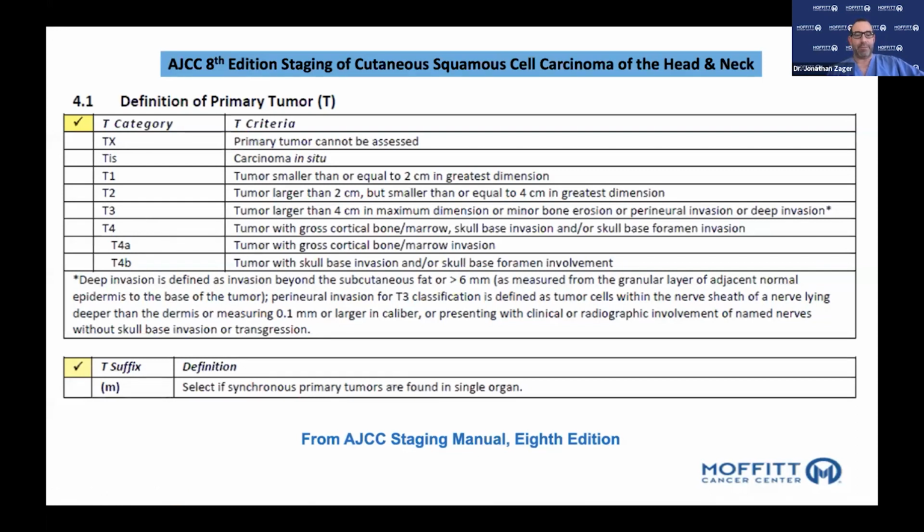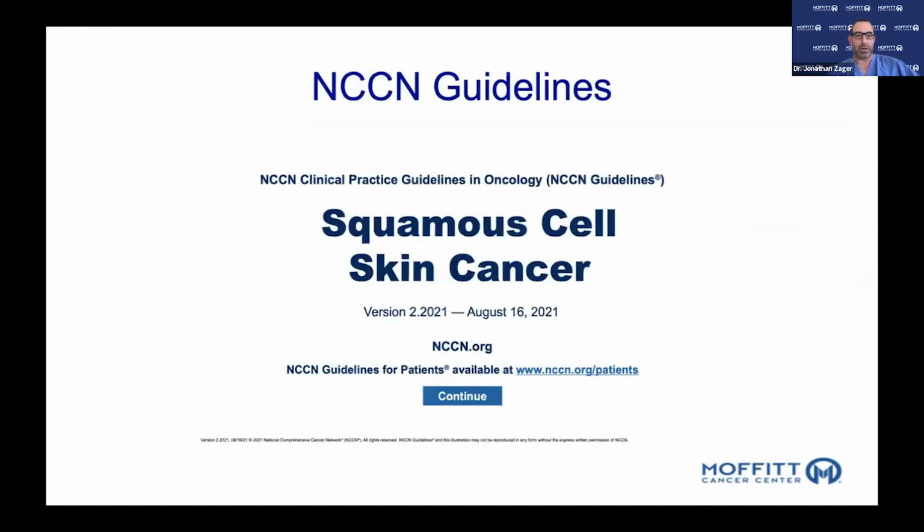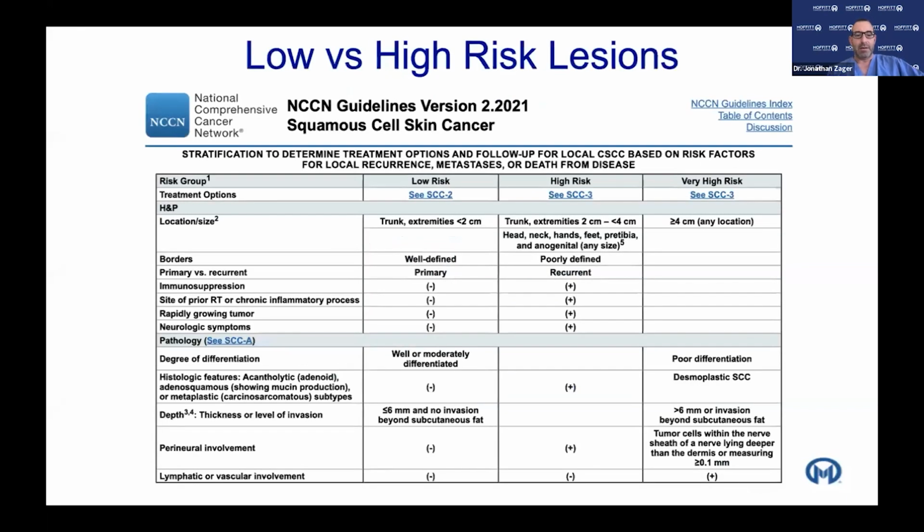And then you have other staging definitions like N and M, where there are nodal metastases and distant metastases. So you'll see a theme here. The higher the T stage, and if we have any nodal or distant metastases, it means that we're starting to look at higher risk, and obviously very high risk and/or spread of disease.